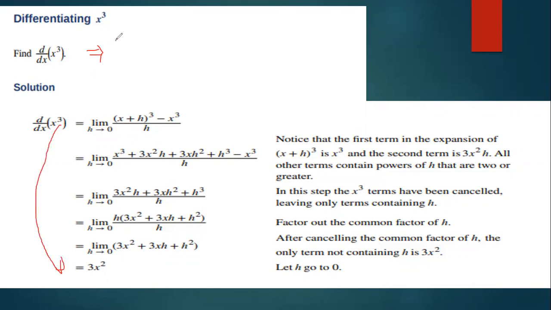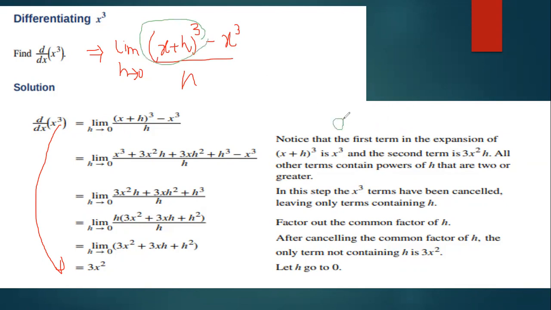So for this, first you have to find the limit as h approaches 0 of (x plus h) whole cube minus the function value, that is x cube, divided by h. Now, what is the formula for this?